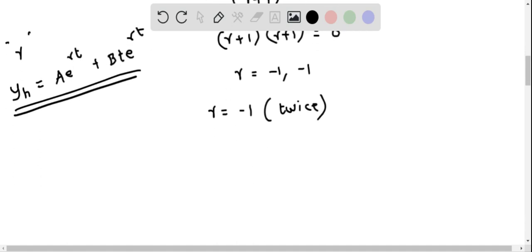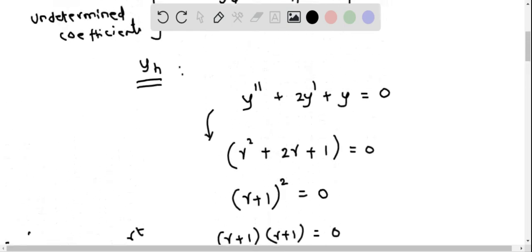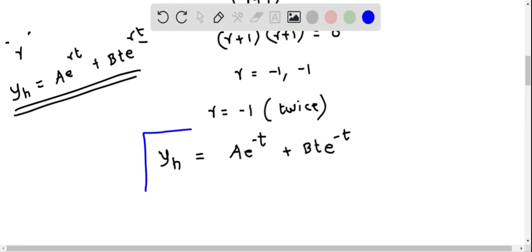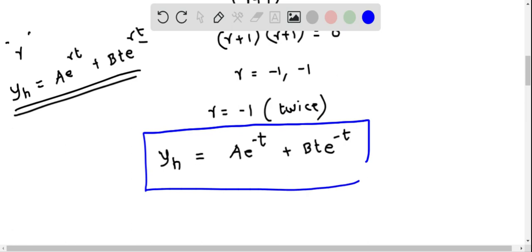I'm going to write down the homogeneous solution of this equation. It equals a e power, we replace r by negative 1, so r times t, that is negative 1 times t, is negative t, plus bt e power rt, where r is negative 1, so t times negative 1 is negative t. So this equation basically represents the homogeneous solution of the given differential equation.